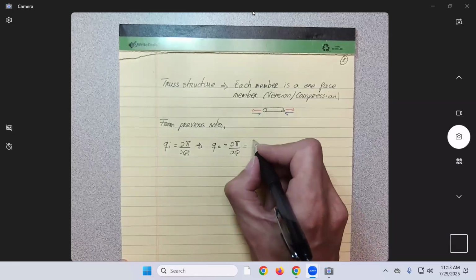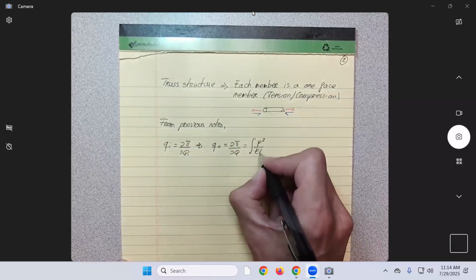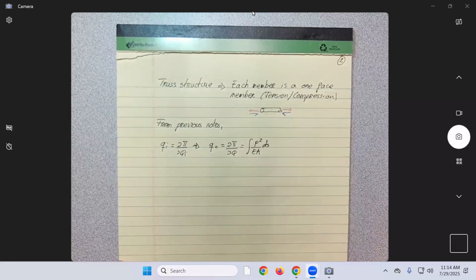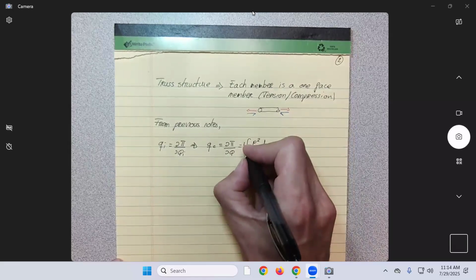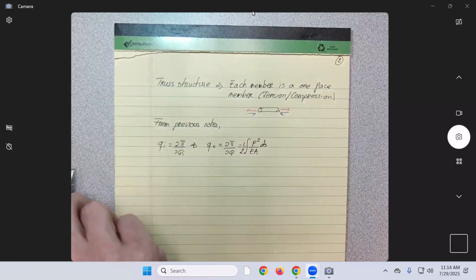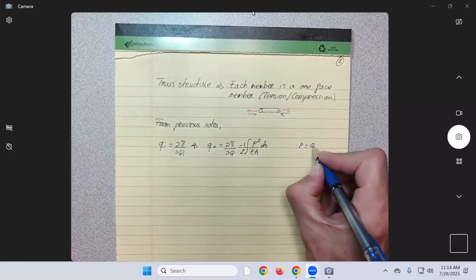And for purely axial, an integral of P squared over EA dx or ds, no? Yeah, and then 1/2 at the front.